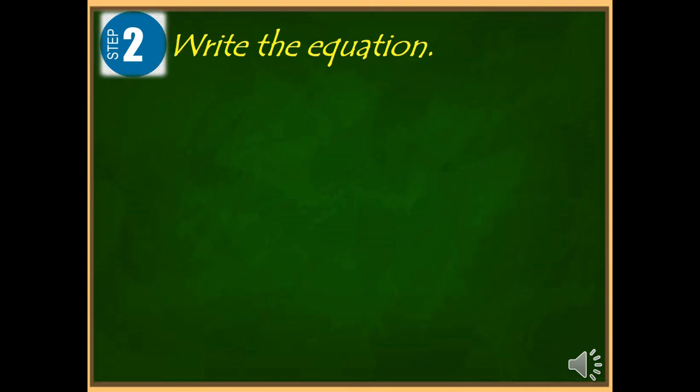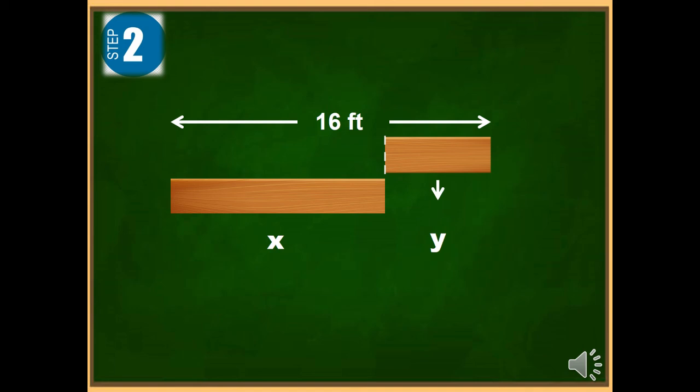Step number 2 orders us to write the equation or equations. Going back to our illustration, we divided the wood having a length of 16 feet into two.